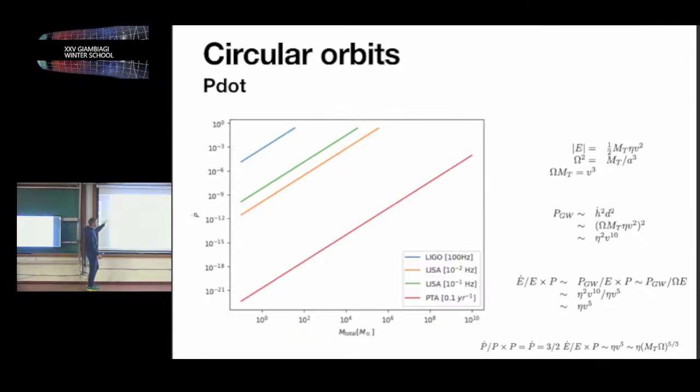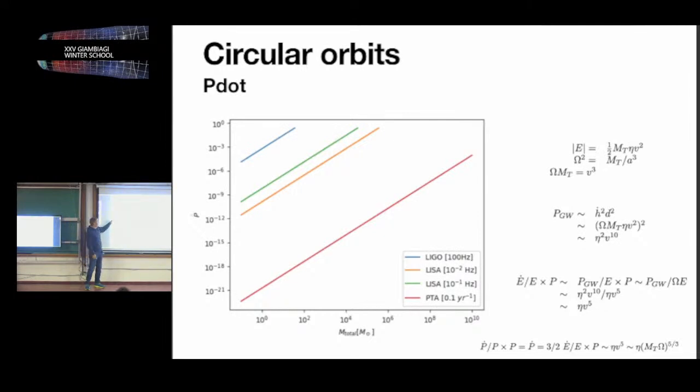And these are just plots of p dot for you to take a look. The actual formula with all the 2 pi's and everything is this, without the G's and the c's for the p dots. Again, I did the same thing: I put sources that I postulated are emitting at a given frequency, I give you the mass, and I computed the p dot. Obviously, when p dot is order 1, it means merger, right? I'm changing the period in one period at the end.